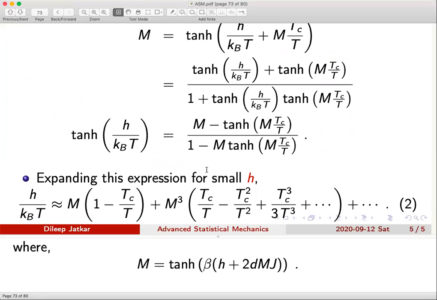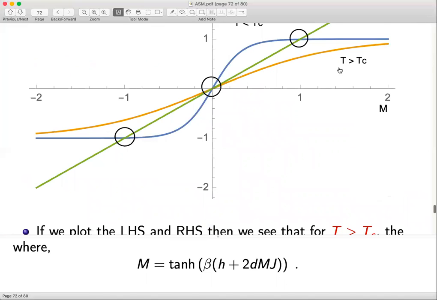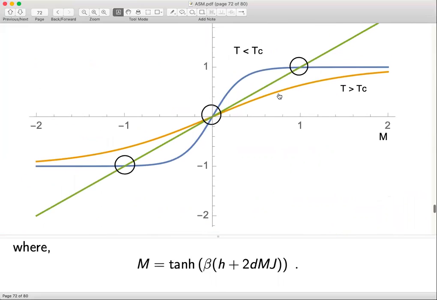The reason is the following: we are looking at the external magnetic field being small and temperatures close to Tc. Our system has the following behavior, again from this graph. If the temperature is above Tc, then the effective magnetization is 0. If the temperature is below Tc, then the effective magnetization is non-zero.